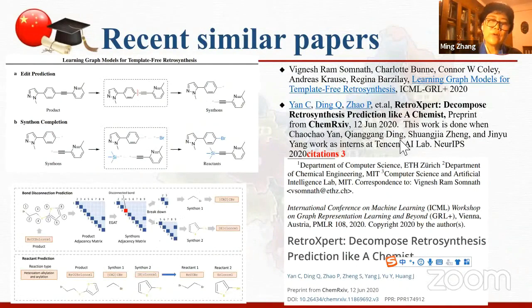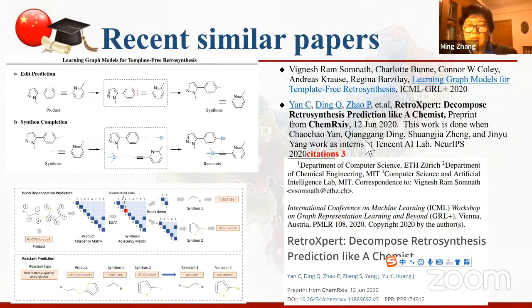We also found 2 similar papers published also in 2020. The first one is published in the ICML graph representation learning workshop, and the second one is accepted by NeurIPS.